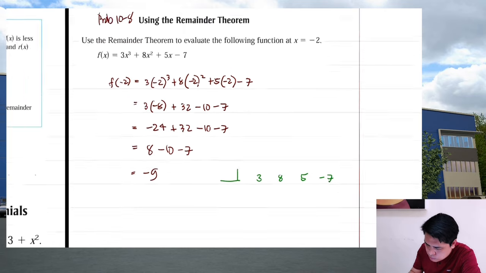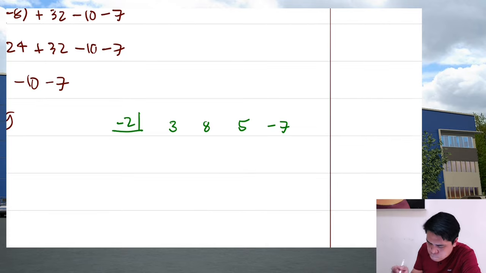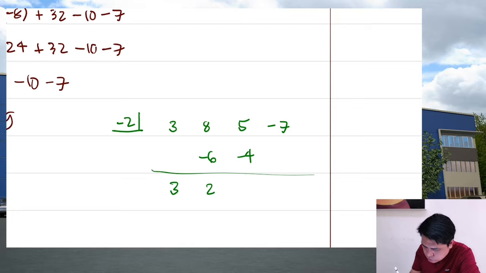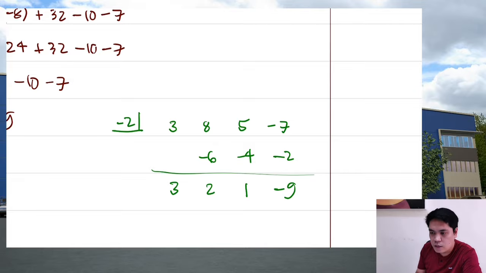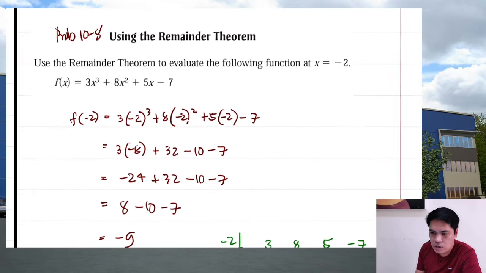Then, we divide that by negative 2, or x plus 2 di. Ayan. So, bring down 3. 3 times negative 2 is negative 6. That would be 2, negative 4, that would be 1, and negative 2, that would be negative 9. So the same. The remainder is still negative 9. So that's what the remainder theorem is all about.